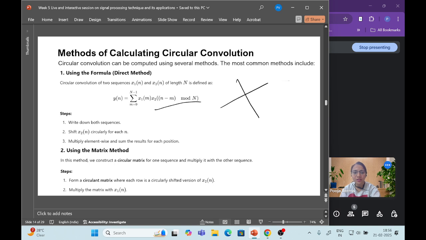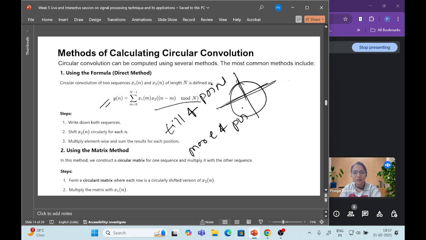If it is up to 4 points, you can directly calculate from this equation. If it is more than 4 points, say 6 or 7, then it is very difficult to calculate using the direct method, so use the matrix multiplication method.